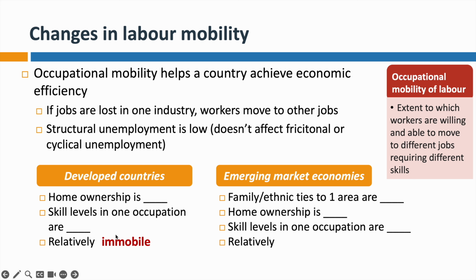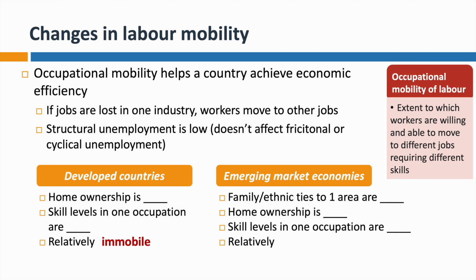And therefore, because we own, for example, a flat or an apartment in one region, and we are very skilled in a particular job, we're not so mobile to move to a different city and maybe to find a different job in a totally different industry. This is just one example.